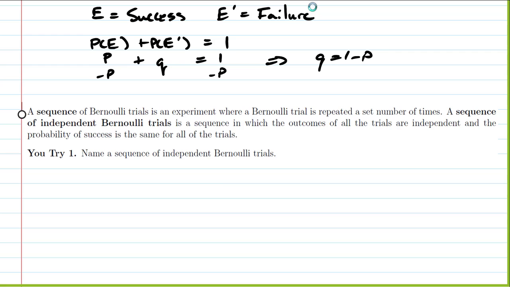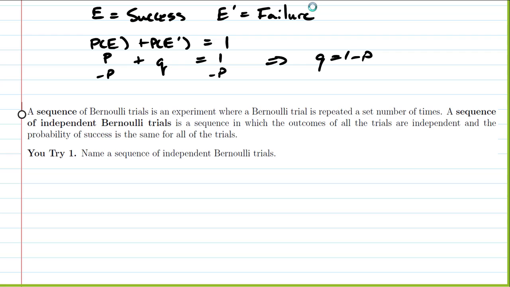We flipped that coin again and again, right? So a sequence of independent Bernoulli trials is a sequence in which the outcome of all trials are independent and the probability of success is the same. So essentially, we're keeping all of our parameters the same. We were using the same unfair coin again and again. We didn't swap out the unfair coin for a fair coin. That would change the probabilities, right?